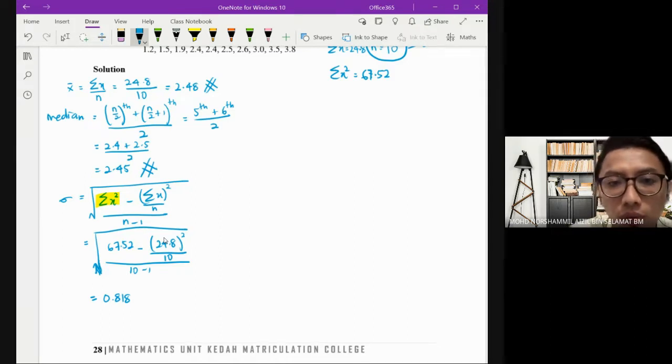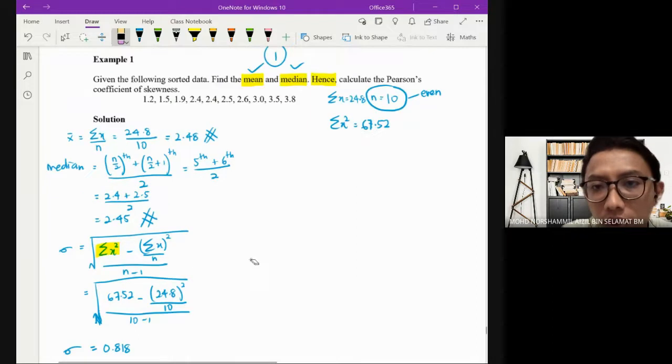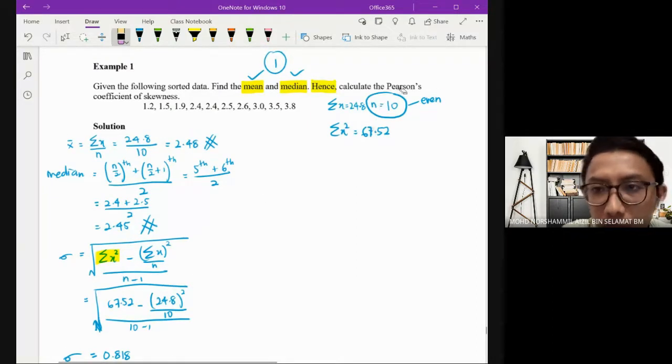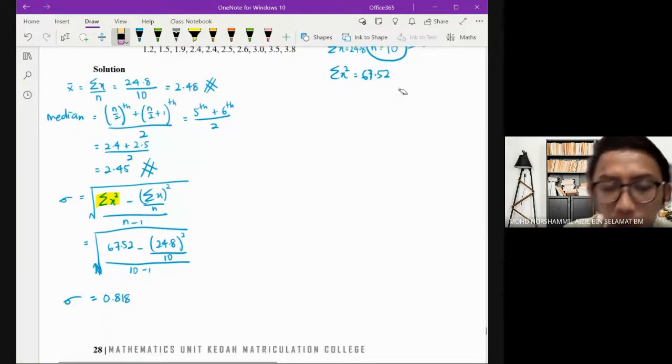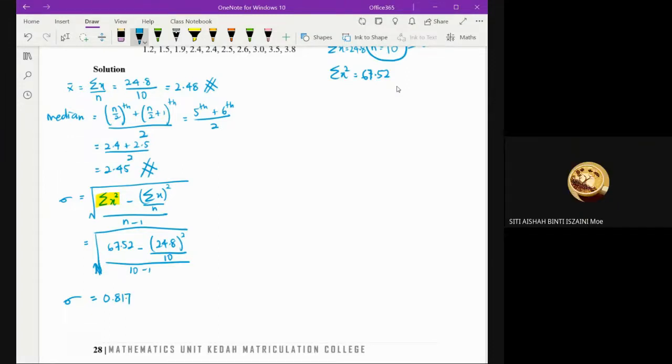This one we call the standard deviation. Okay, this is our standard deviation. Alright. So for me, because we still need to calculate Pearson's coefficient of skewness, it's better for this standard deviation to keep more decimal places.